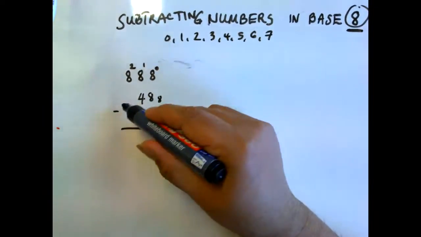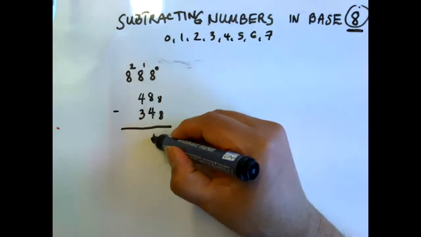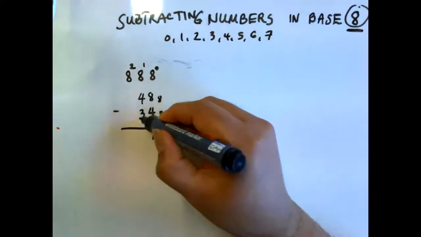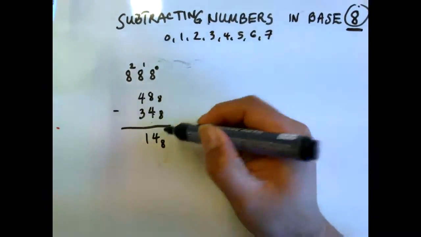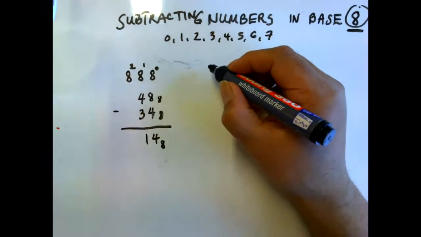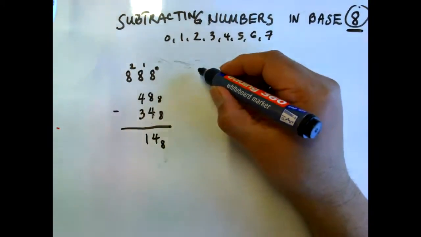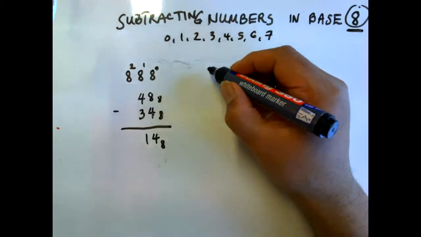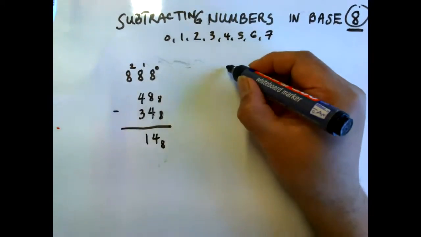Here you get 8 minus 4 is 4, and 4 minus 3 is 1. So it doesn't really differ from the subtraction you've been accustomed to since primary or elementary school.